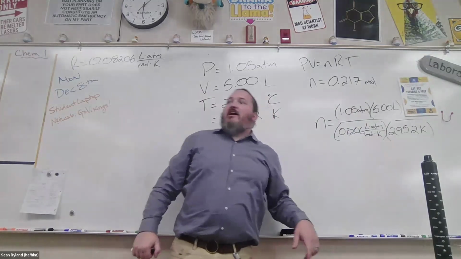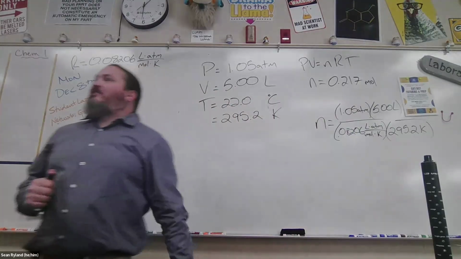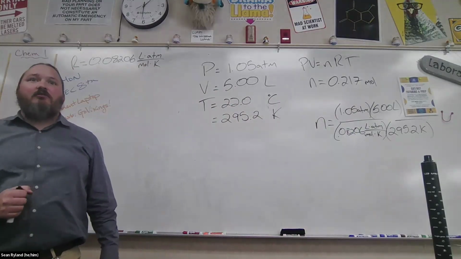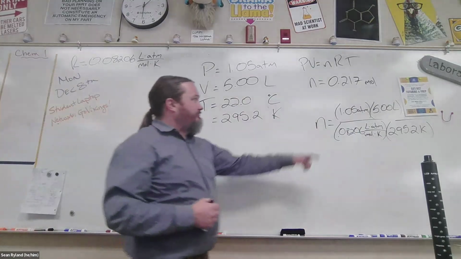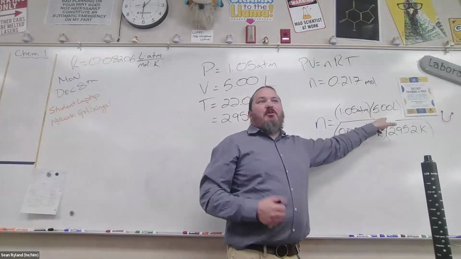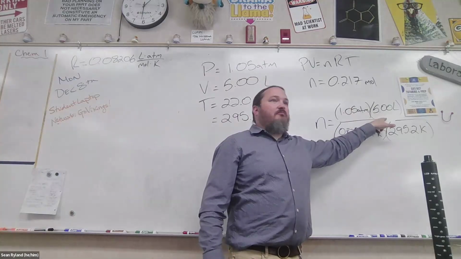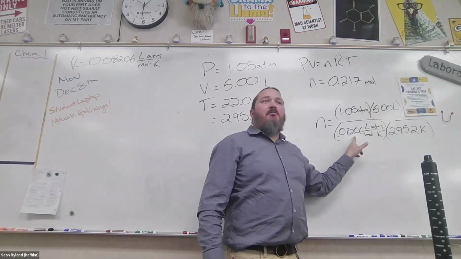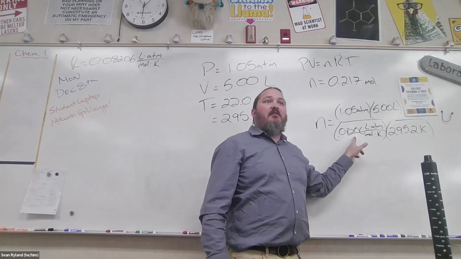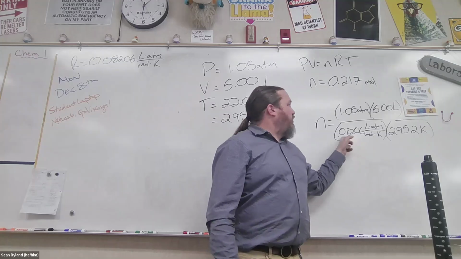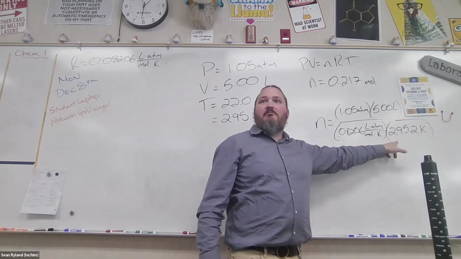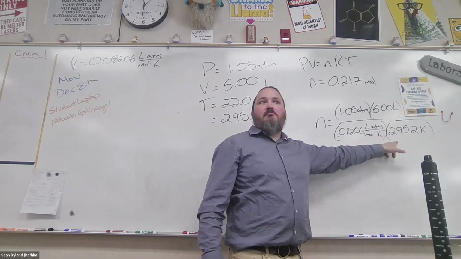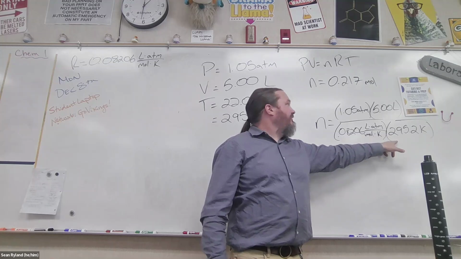If we're trying to do this in our head, we want to do mental arithmetic to see if we're even in the right ballpark. That's going to be really close to 5, right? R is pretty close to 0.1 if we're doing mental arithmetic. What's 0.1 times 300? 30.